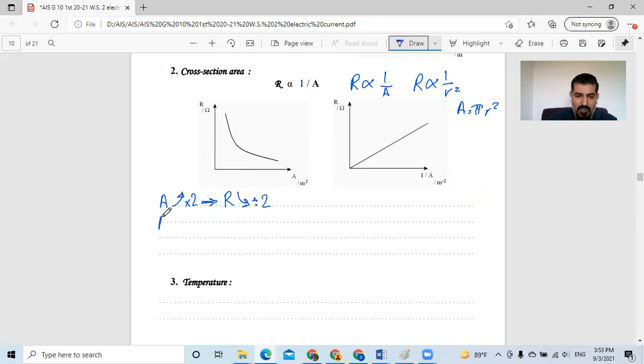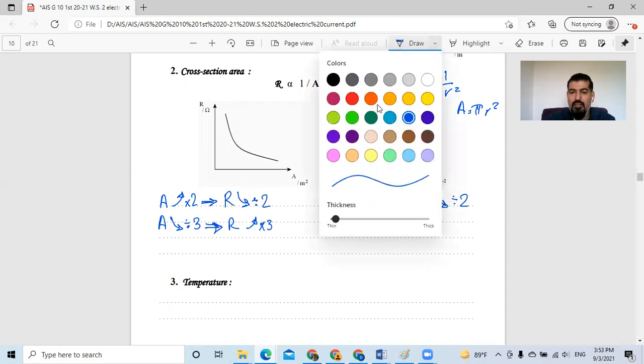But if the cross-section area is reduced, for example divided by 3, the resistance of the wire will increase, because it becomes thinner, multiplied by how much? By 3. But if we talk about radius or diameter, if the radius is multiplied by 2, because there is a square here, the resistance will decrease, divided by 2 to the power of 2.